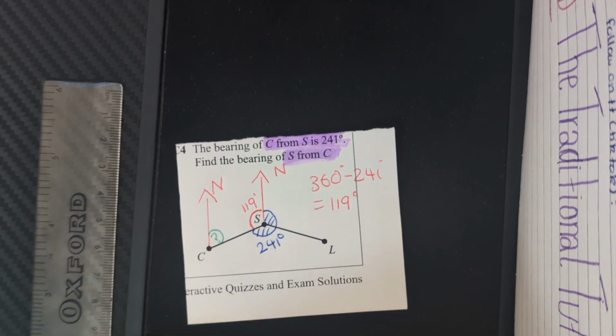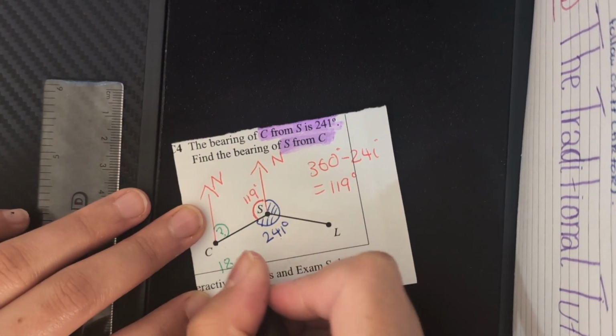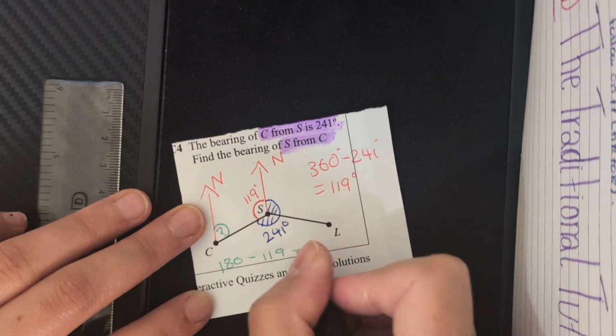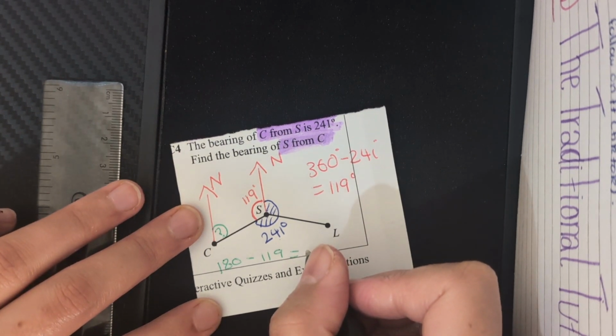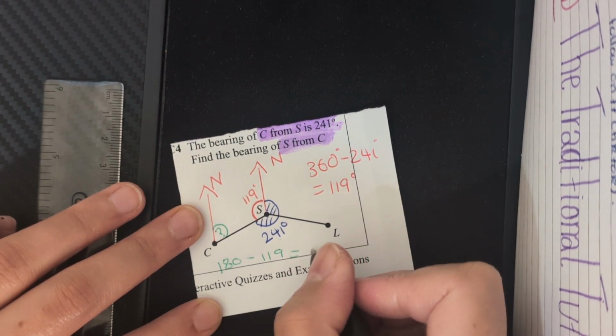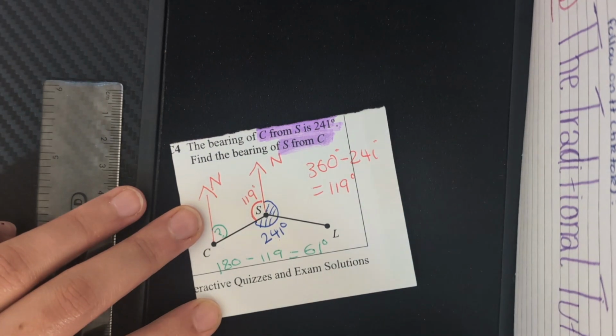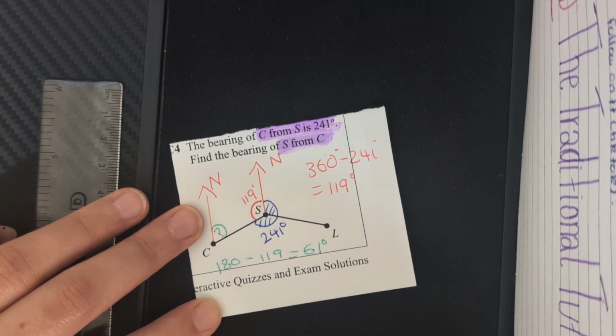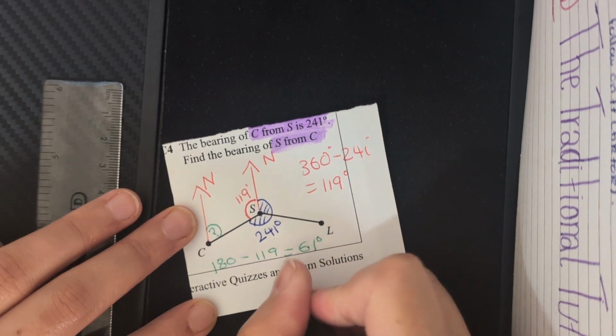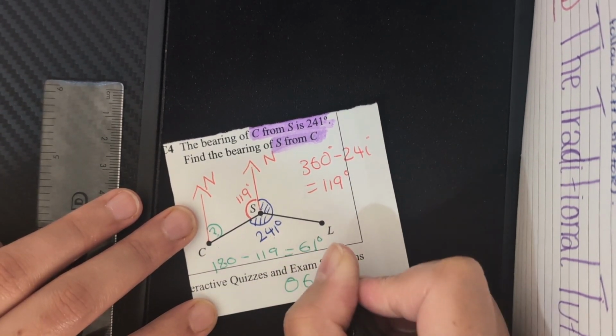So therefore, I can do 180 minus 119 degrees, which finally gives me 61 degrees. Therefore, the missing angle, or my bearing, is 61 degrees.